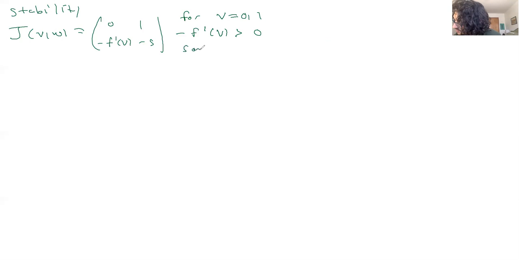So if we look at our fixed points, then they have eigenvalues that are given by minus s over 2 plus or minus one half the square root of s squared minus 4 f prime of v. Okay.